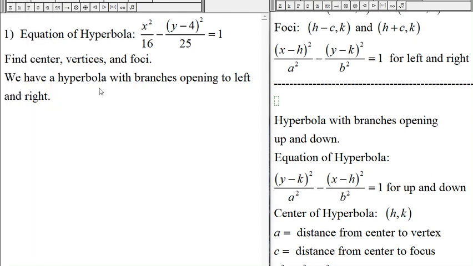And once again, how do we know that? Because it's x minus y, x comes before the y. So that's how we know the branches open left and right.